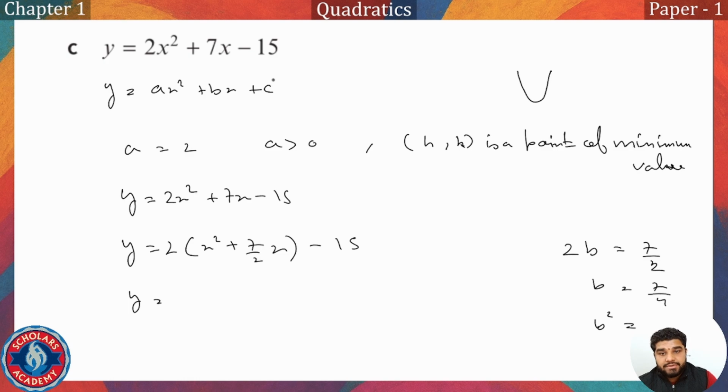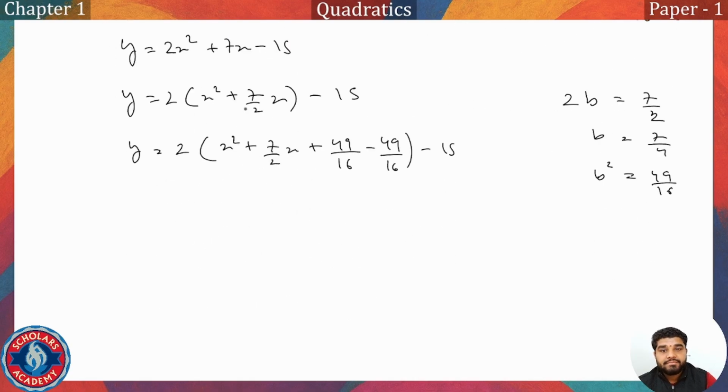So y is equal to 2 times x square plus 7 by 2 x plus 49 by 16 minus 49 by 16 minus 15. 2 times x square plus 7 by 2 x plus 49 by 16, and we take this out, we get negative 49 by 8 minus 15.